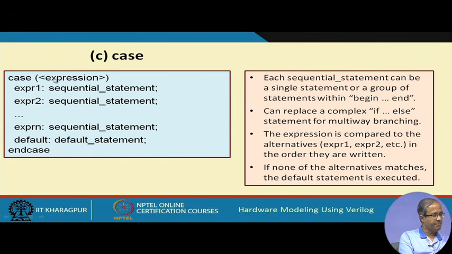It compares with these expressions sequentially, one by one. It first compares with expression 1, then expression 2, expression 3, up to expression n, and whichever it matches, that corresponding sequential statement will be executed. If none of them matches, then there can be a default, and this default statement will be executed. The case will end with endcase.